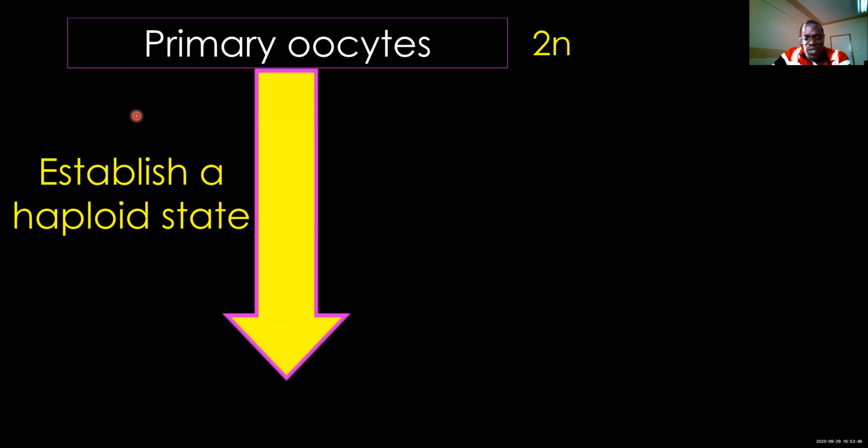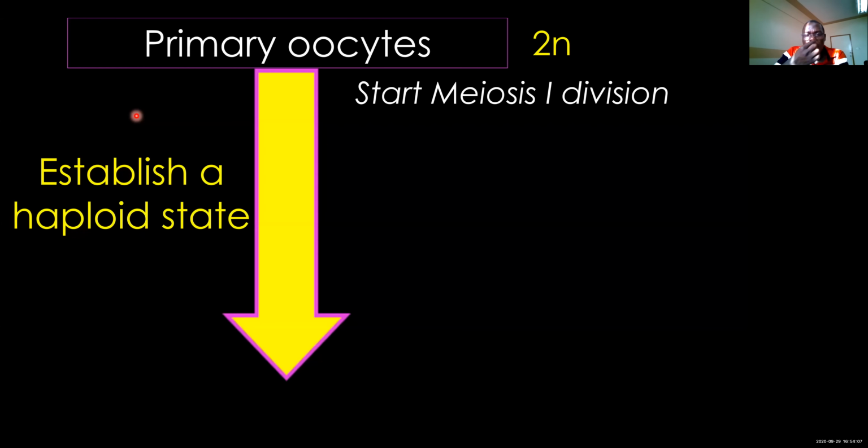If you are in the first meiotic division, then you talk of prophase 1, metaphase 1, anaphase 1, telophase 1. If you are in the second meiotic division, then you talk of prophase 2, metaphase 2, anaphase 2, and telophase 2. Having said that, the primary oocytes begin the first meiotic division.